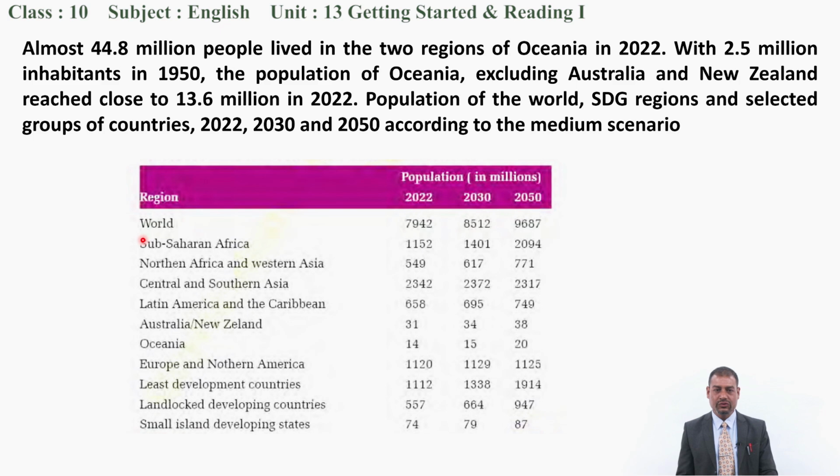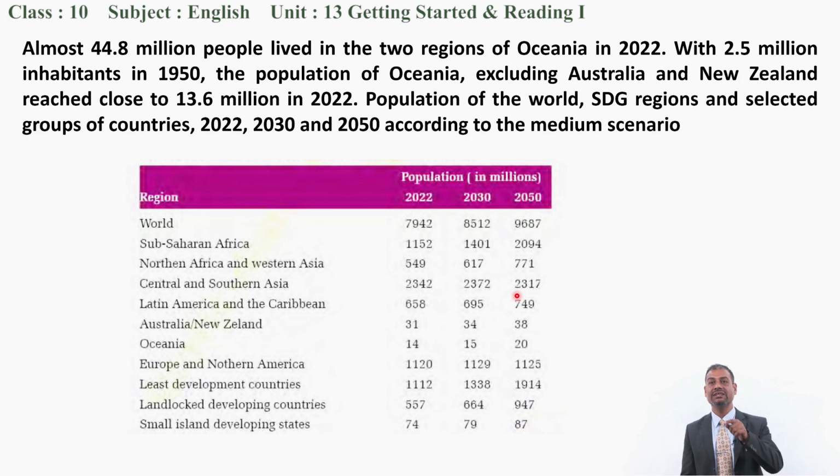So I just want to show you with the pointer here, and you just read. World, now 2022, 2030, 2050. Sub-Saharan Africa, see 2022, 2030, 2050. Northern Africa and Western Asia, see 2022, 2030 and 2050. Similarly, Central and Southern Asia, you can see the number here, 2022, 2030 and 2050.